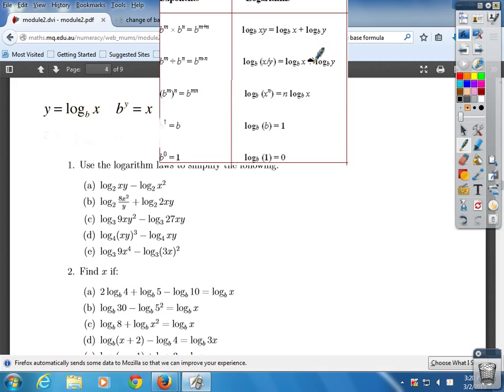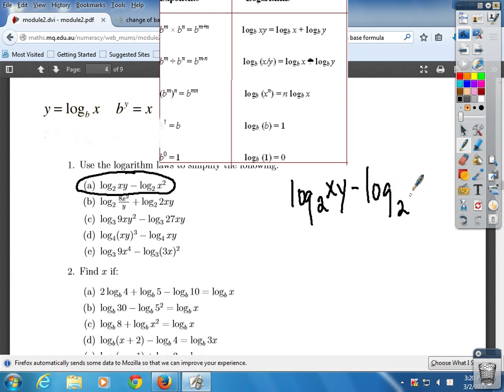Now, in order for you to be able to do this, these have to be the same log basis. Are they? Yes. So I can rewrite this one, and we'll just take this one over to the side. Log base 2 of xy minus log base 2 of x squared.